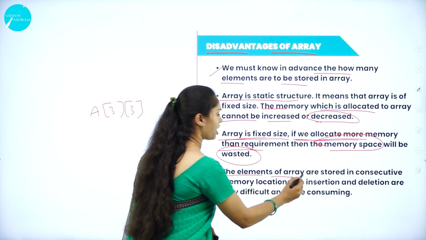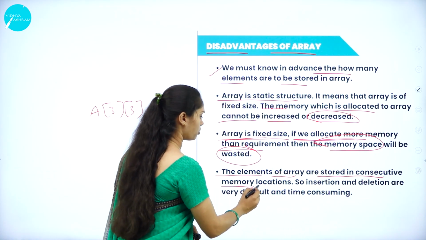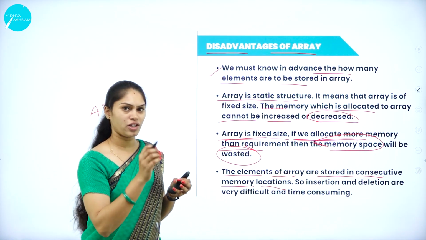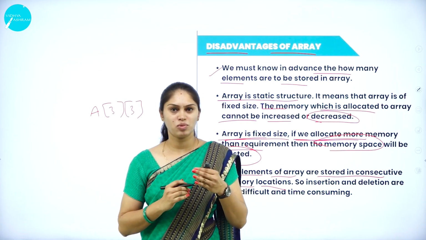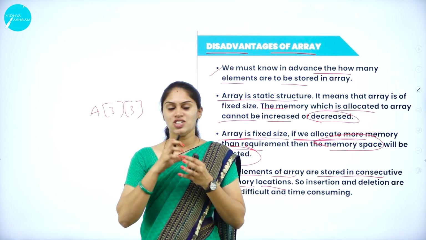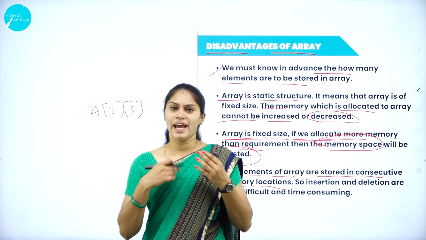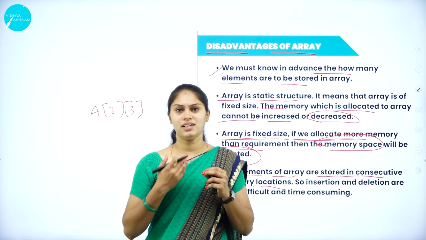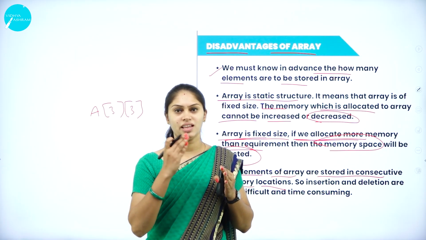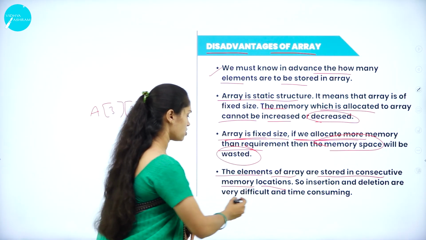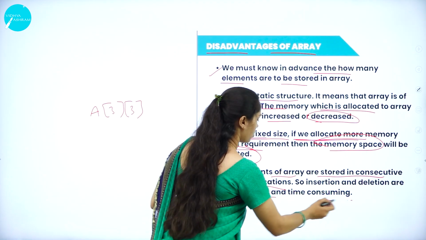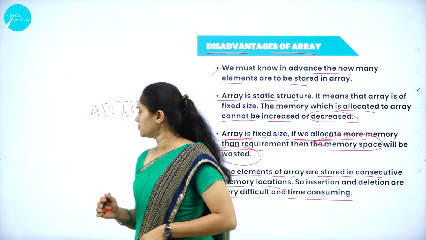The elements of an array are stored in consecutive memory locations, in continuous memory. If I want to change data, insert, or delete any data element from a particular location, that will be difficult and it also takes more time.